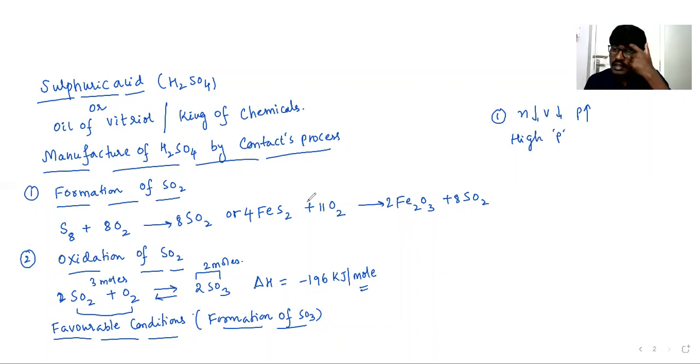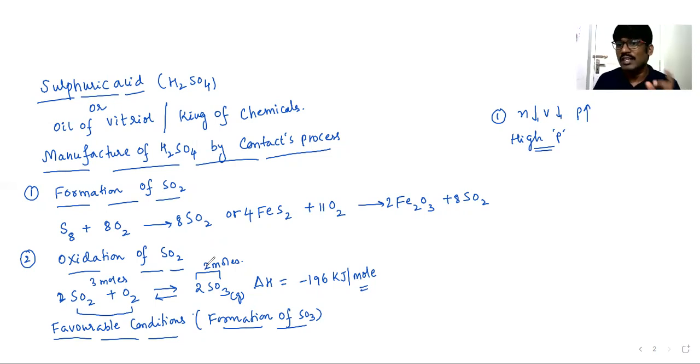So we can say that high pressure is the favorable condition. But theoretically, the conditions we give according to Le Chatelier's principle may not be implemented practically. Here, if you apply high pressure, there is a disadvantage because the gases released are acidic gases, and acidic gases can corrode the plant, that is, the industry vessels used for manufacture of sulfuric acid.